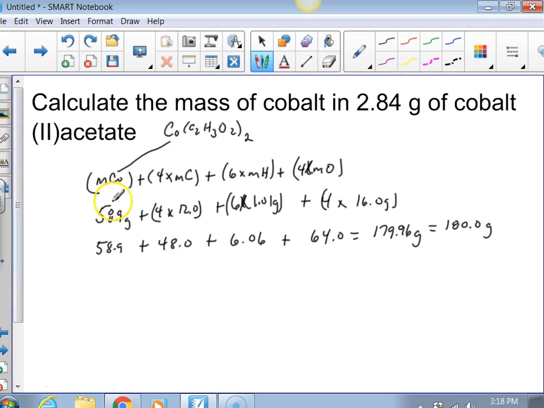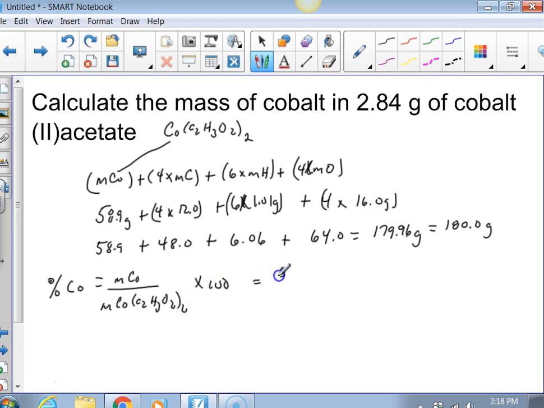All right, so this is our molar mass, we need the percentage of cobalt, which is going to equal our mass of cobalt, we only have one of those, divided by mass Co(C2H3O2)2, times 100.